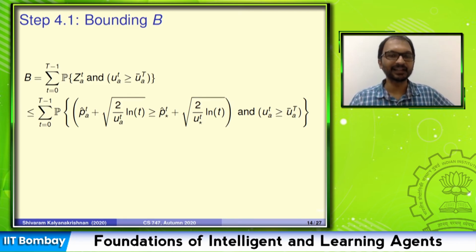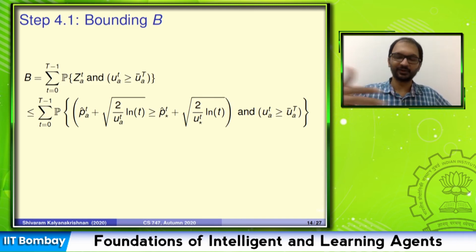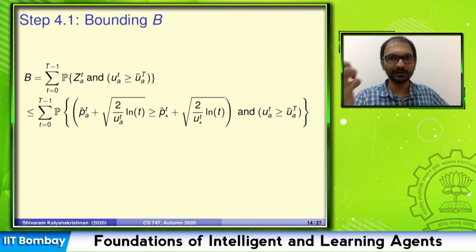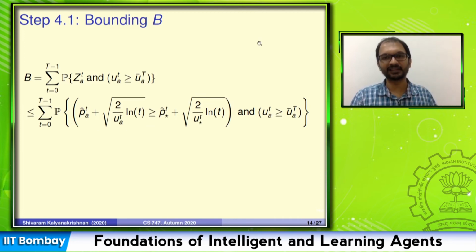Now, in order to apply Hoeffding's inequality, remember that when we did Hoeffding's inequality, we were told you've been given U samples, and then you try and bound the deviation. That number U needs to be a fixed number. It cannot be a random variable as it is over here. It's got to be 1 or 2 or 3 or some number that is given as a constant beforehand. So there is a need for us to translate this sum of probabilities into something inside of the event that has fixed numbers rather than random variables.